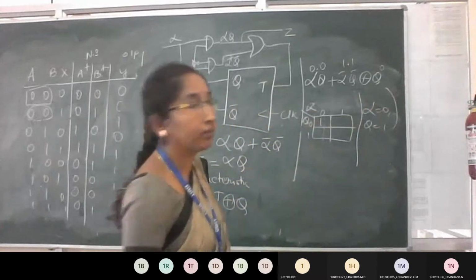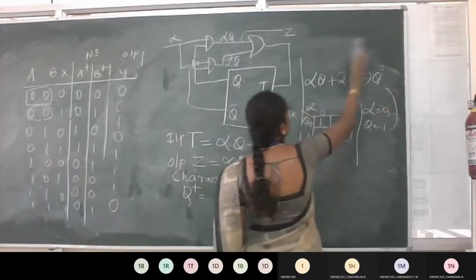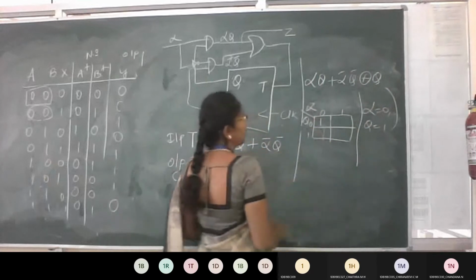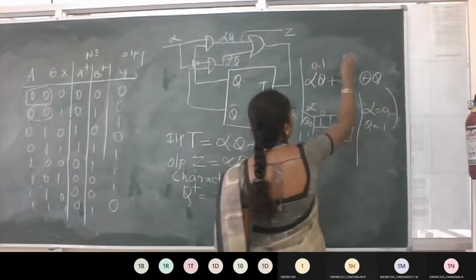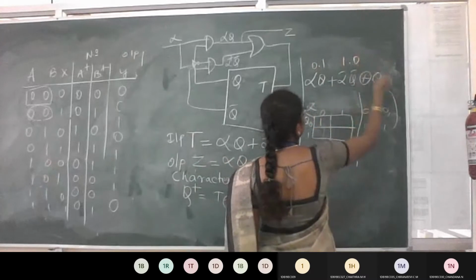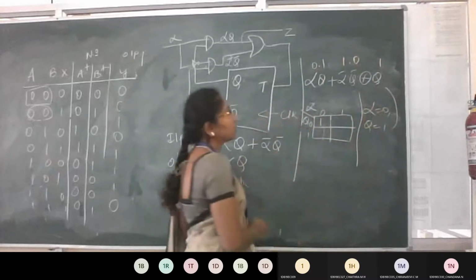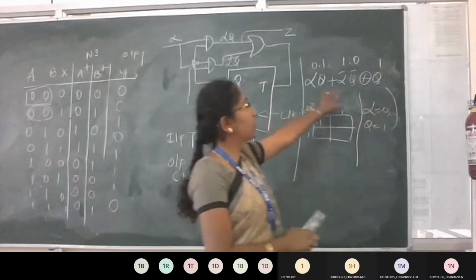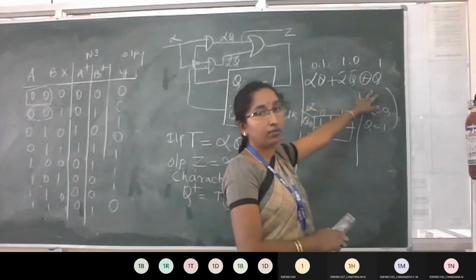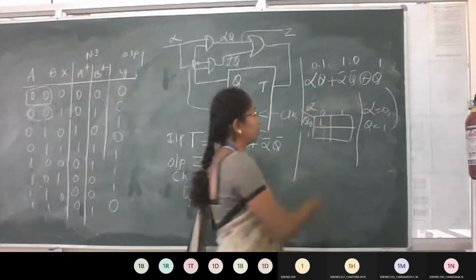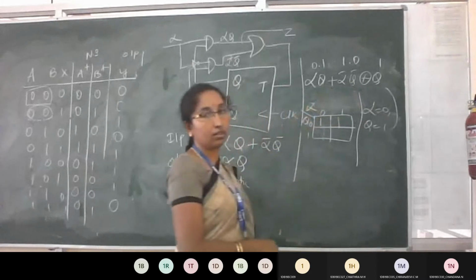So what will you get? Alpha bar is 1, Q bar is 0. Similarly, Q 1 with alpha 0 gives 1 into 0, 0 into 1 gives 0. 0 plus 0 is 0, and 0 XOR 1 is 1. So you have to fill this.